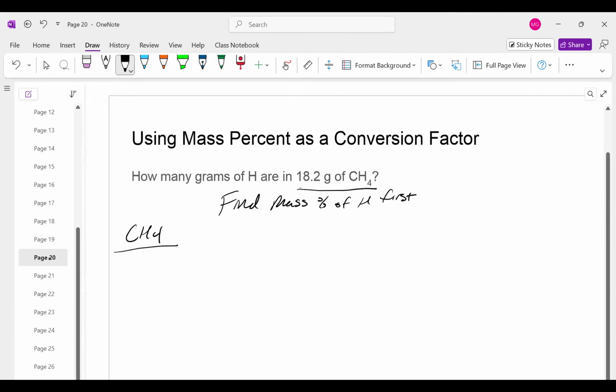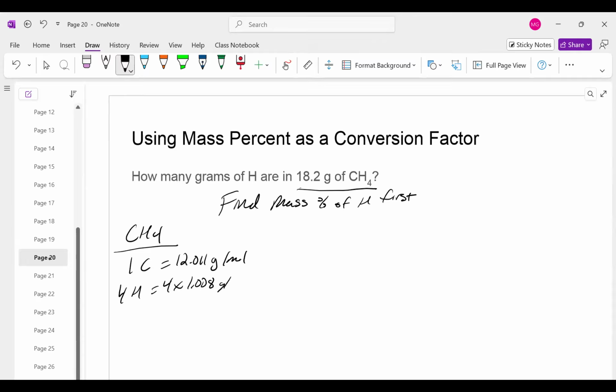So again, that's 1 carbon, and I have 4 hydrogens. So add all that up. The molar mass of CH4 is 16.043.